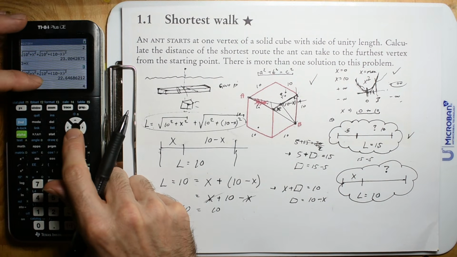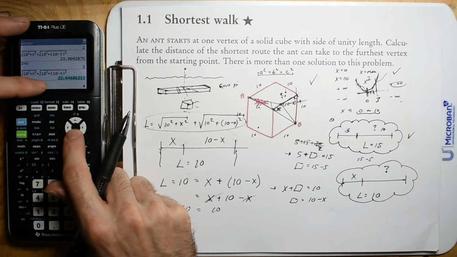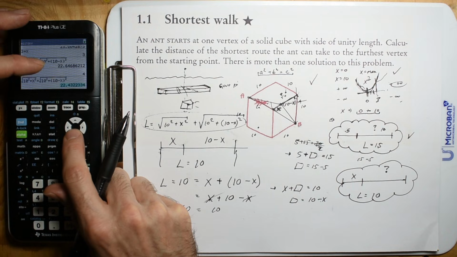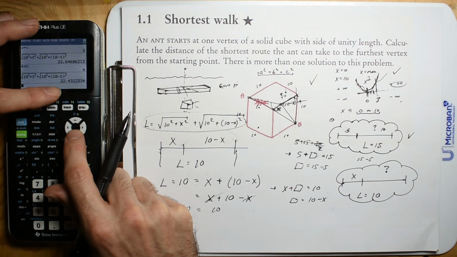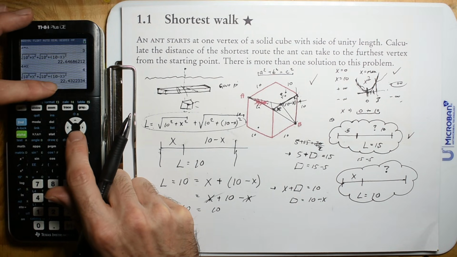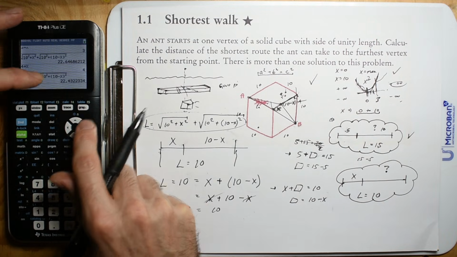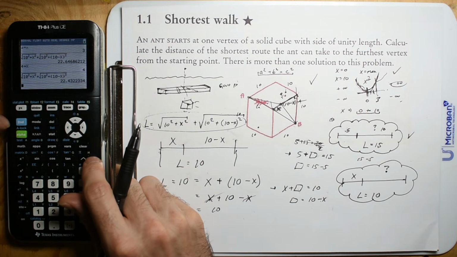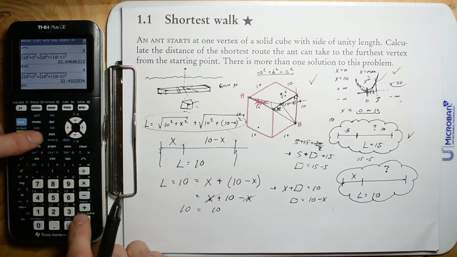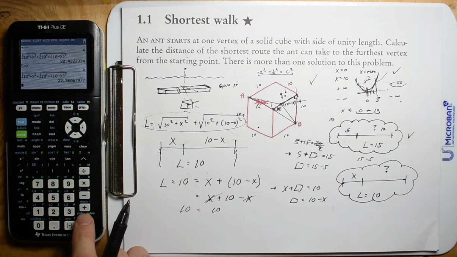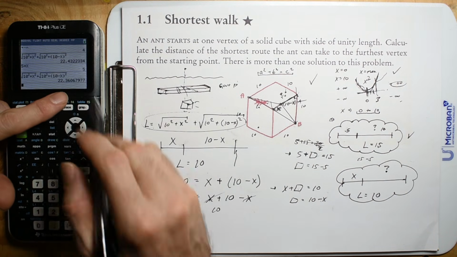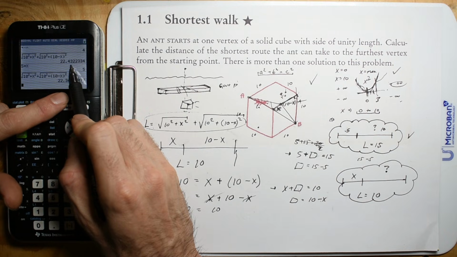When x was 3, we're at 22.6. But now when x is 4, we're only at 22.4. So yes, we're getting a shorter distance, but not as much. So let's go. 5 stored as x, bring it up, and we get 22.36. Is that smaller? Hell yeah, cool.